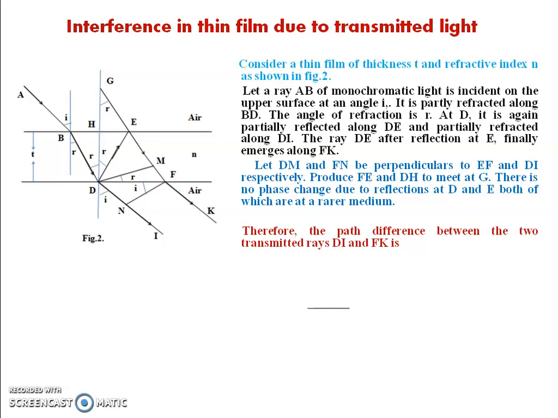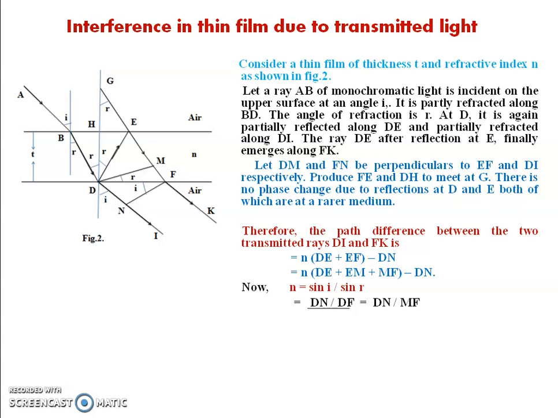It can be written as μ(DE + EF) minus DN, or μ(DE + EM + MF) minus DN. We know that μ is equal to sin i upon sin r.